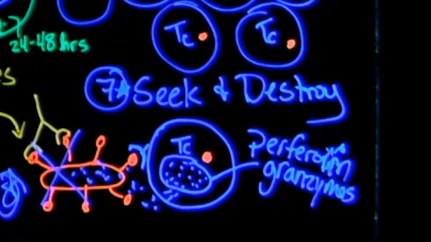When the cytotoxic T cell identifies a cell that needs to be attacked, it releases those perforins and granzymes to attack the cell. That's going to poke holes in the cell and help destroy the microbe or the foreign cell that the cytotoxic T cell has been told to look for. So 8A is the destroy component, and you can see with the X here, we wipe out the cell once we release those digestive enzymes.